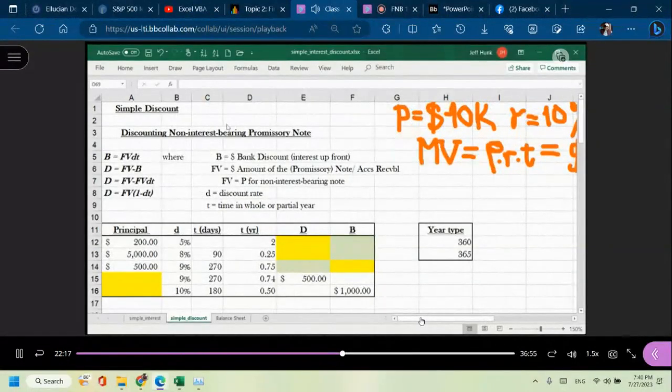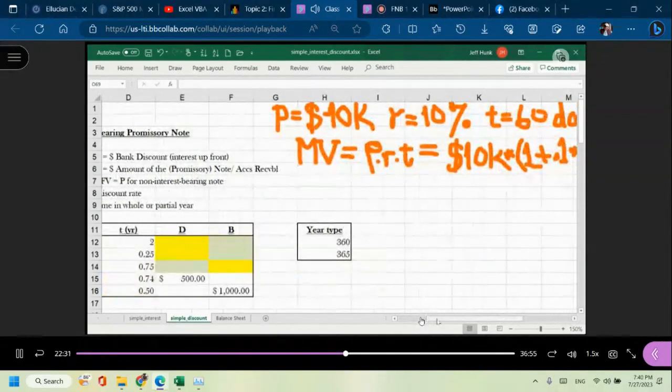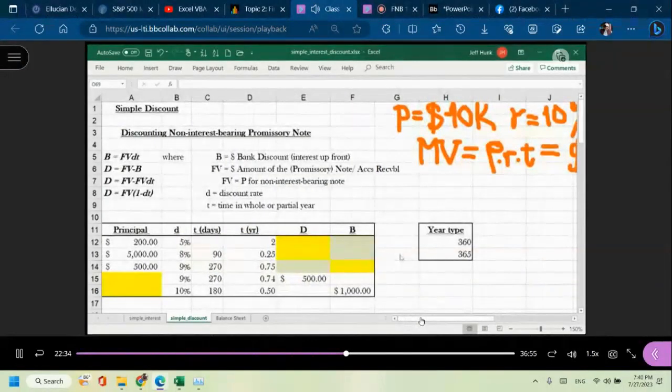Now, there are two types of promissory notes: non-interest bearing and interest bearing. Of course, we've been using interest bearing promissory note examples so far because that is normal. But sometimes promissory notes are non-interest bearing, meaning they're not paying any interest. Is it possible? Yes, it's possible. Think of it this way.